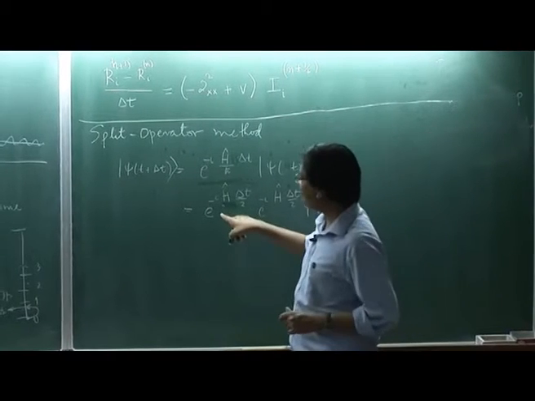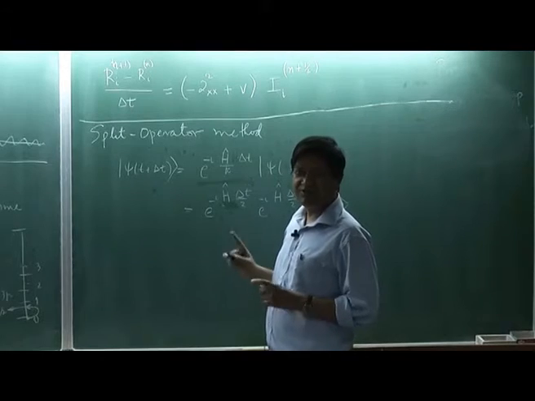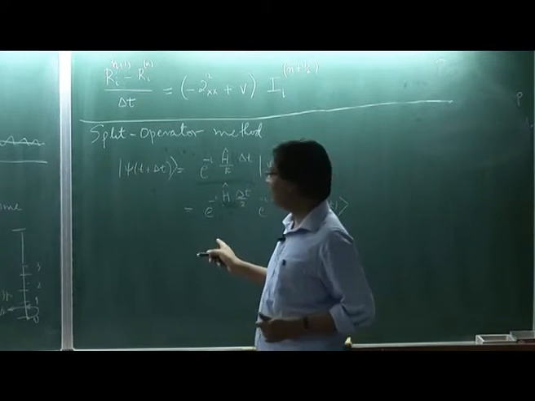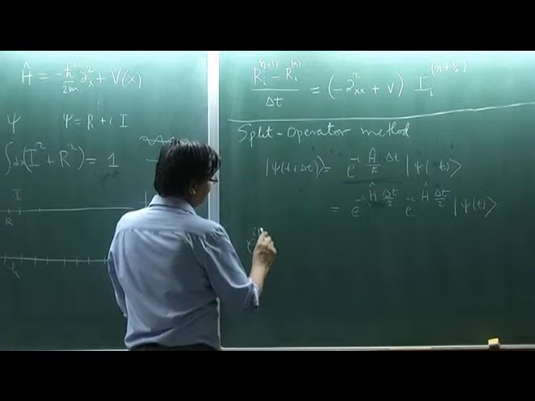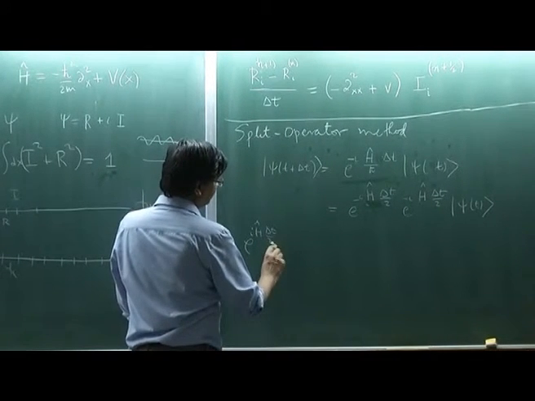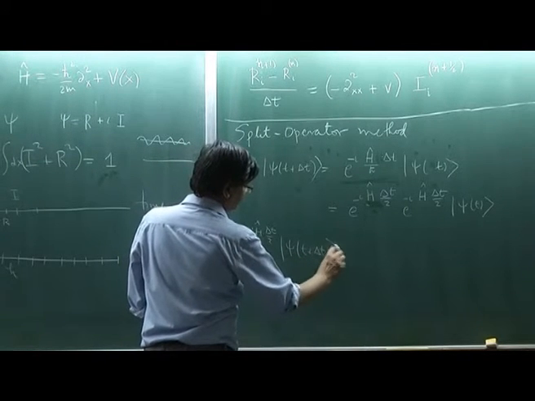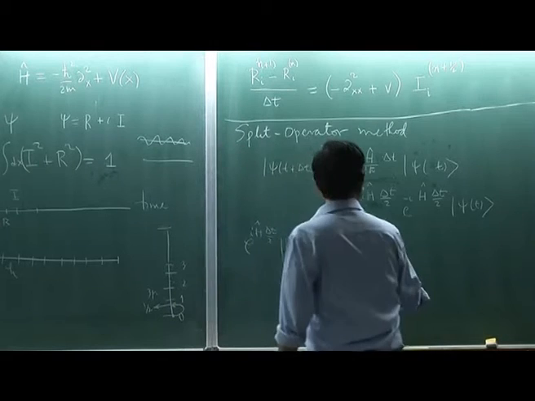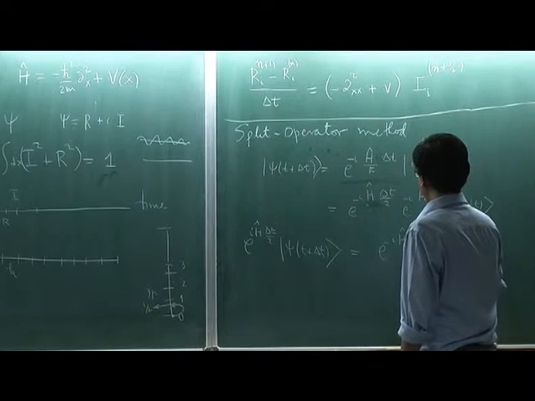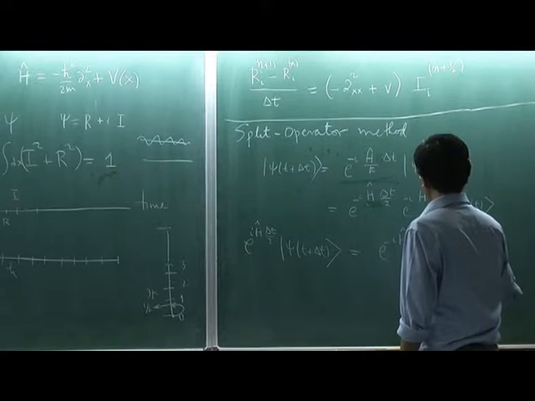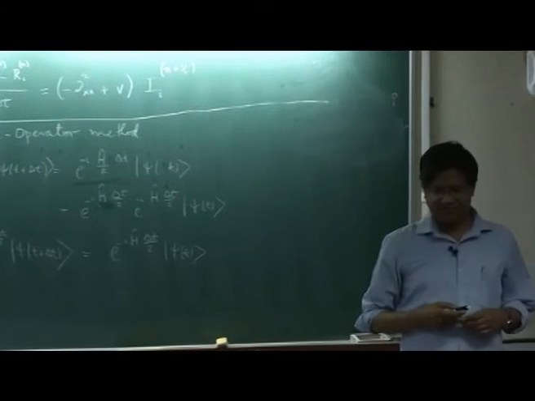Now multiply by the inverse of this from both sides. The inverse will be e to the i H delta t by 2, times psi at t plus delta t. There is a reason why one needs to write that.